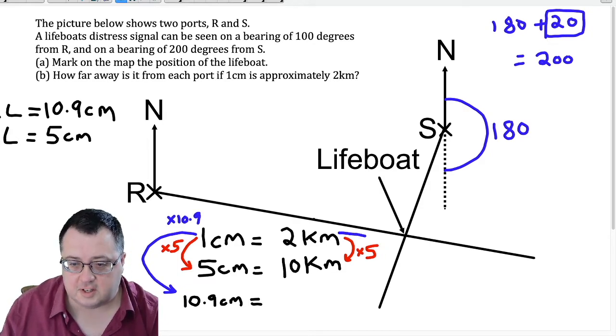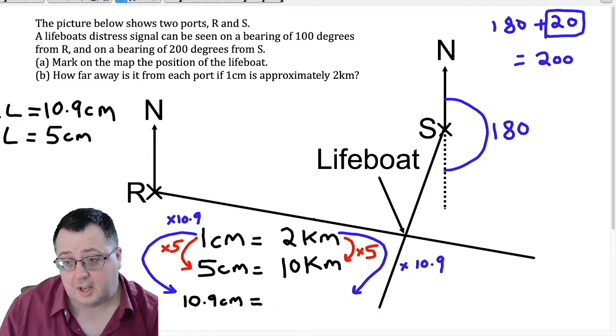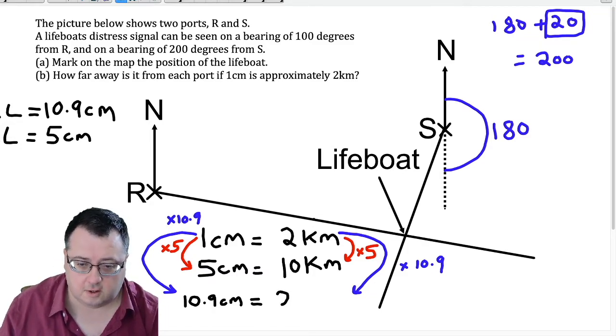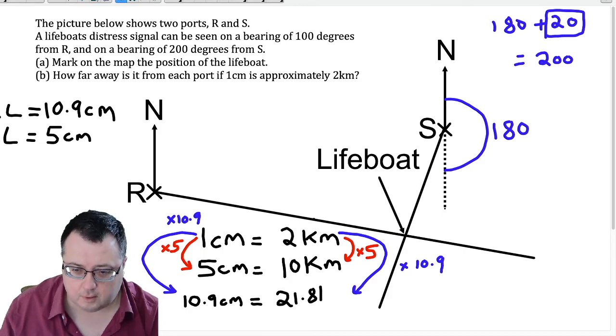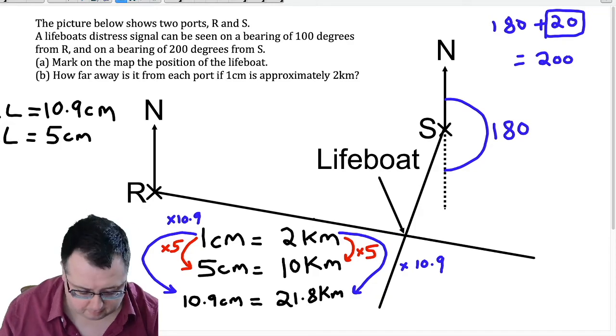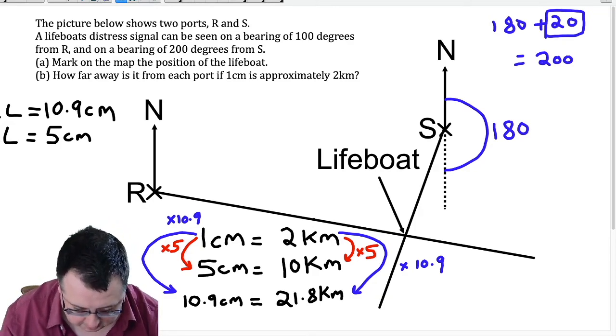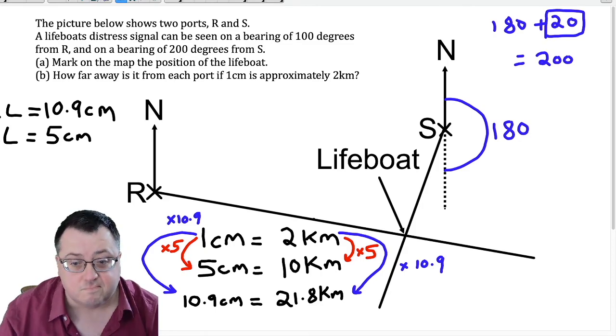You're going to have to do the same on the opposite side, times by 10.9. Maybe I can do that in my head. 21.8 kilometres. I'll double check because I don't want to give you the wrong answer. But I'm pretty certain 10.9 times 2 is 21.8. It is. Good.